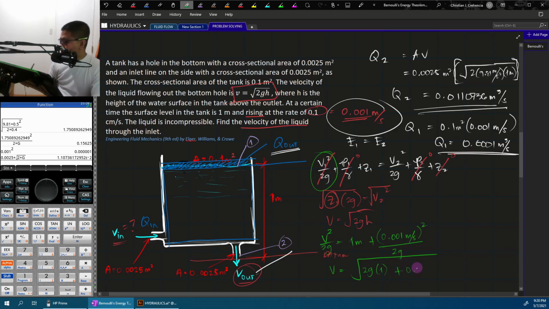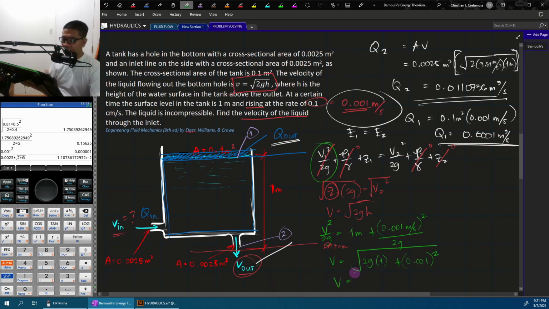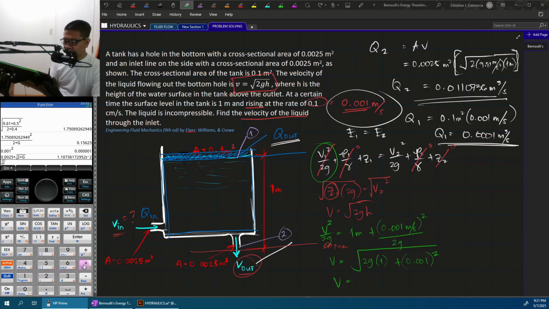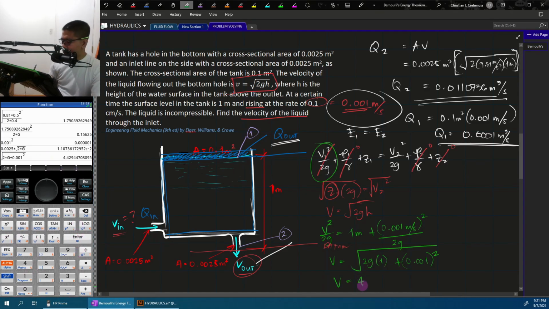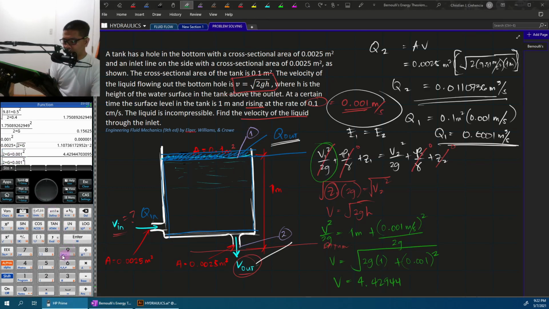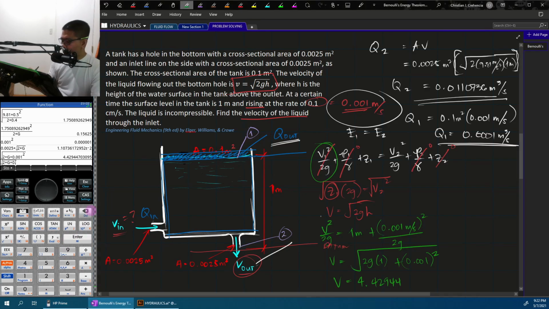Then, plus 0.001 squared. So, solving for V, square root of 2G times 1. So, hindi ko nalagay yung 1. Then, plus 0.001 squared. So, yung velocity natin is 4.42944. Okay? So, kung wala naman tong 0.001 squared, alisin natin to. So, going back dito, velocity is square root of 2gh.